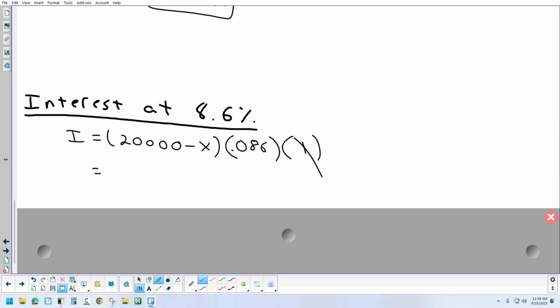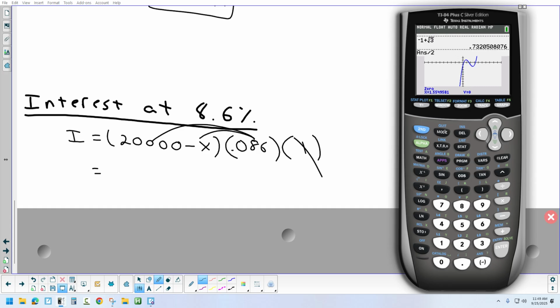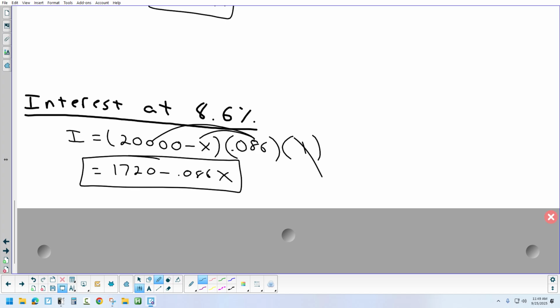Yeah, it's the distributive property, right? So we're going to distribute that out. We'll use our calculator. 20,000 times 0.086 gives you 1720, minus 0.086x. So that's the amount of interest that Bill's going to earn in the second investment.